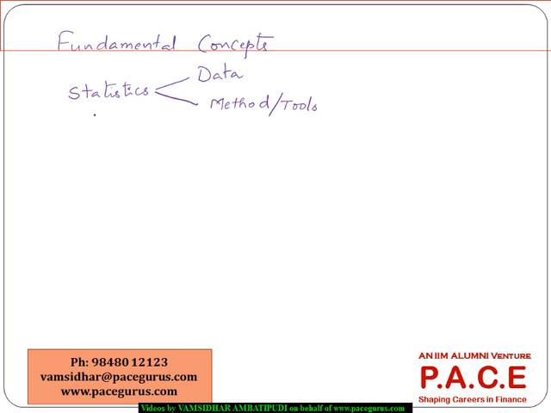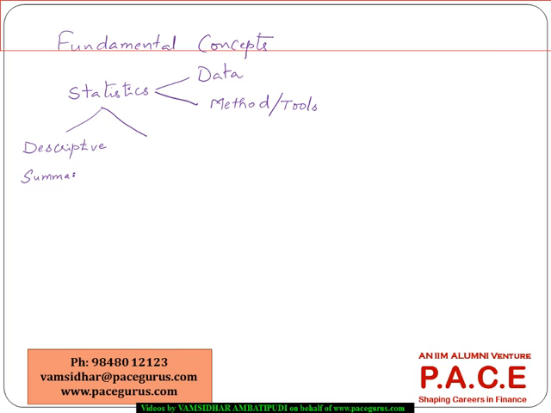So in general, statistics as such got broken into two major dimensions. One is the descriptive statistics, where we talk about summarizing the data properly.